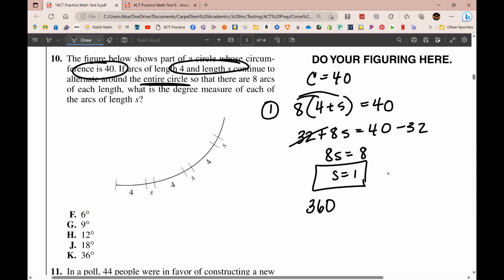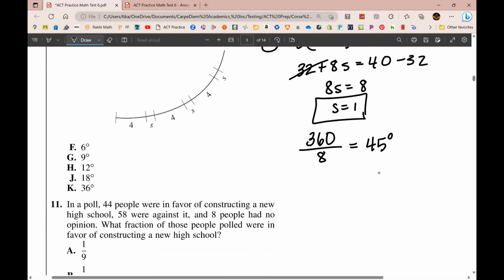And if we are putting this in each of 8 segments, that is 45 degrees. So now each of these is 45 degrees, because we did 360 divided by 8, one of them is 45 degrees.